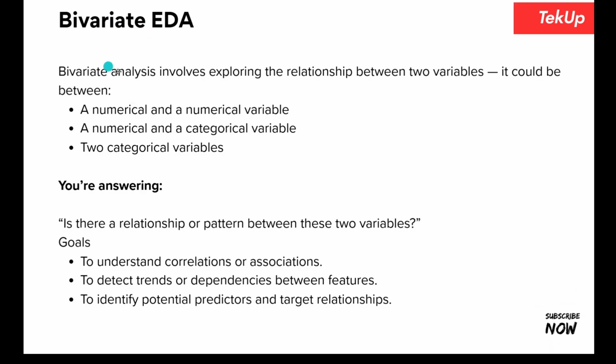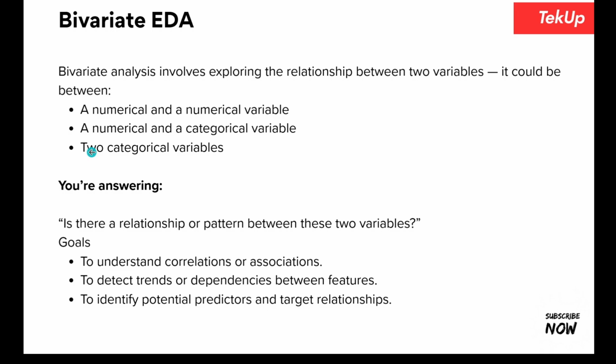Bivariate EDA. As the word implies, bivariate means two. Bi means two. Now, when we talk about bivariate analysis, we are actually trying to check the relationship that exists between two variables. It could be between a numerical and numerical variable.